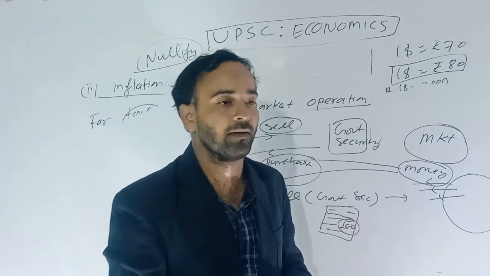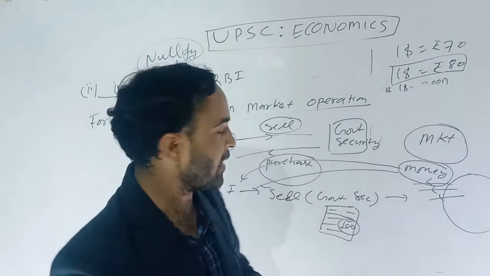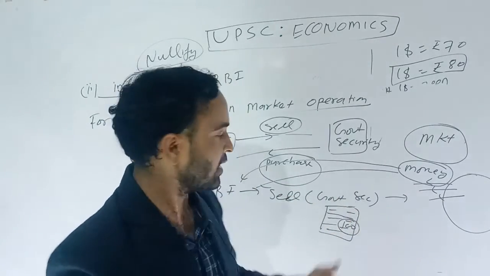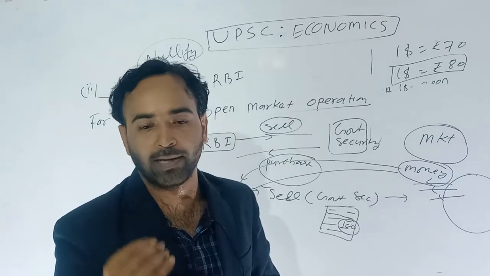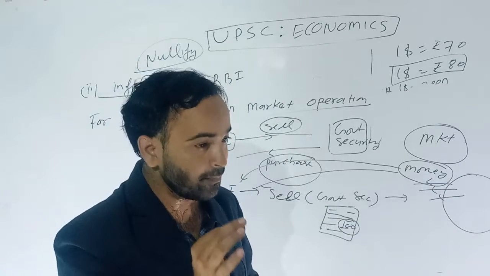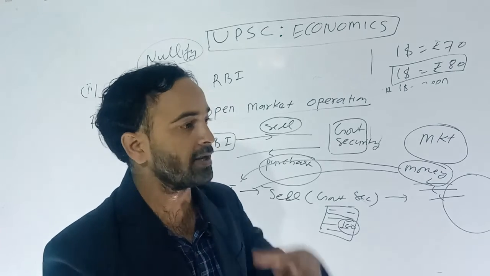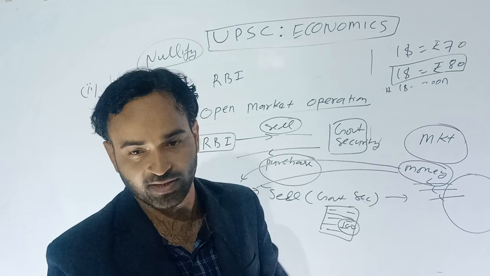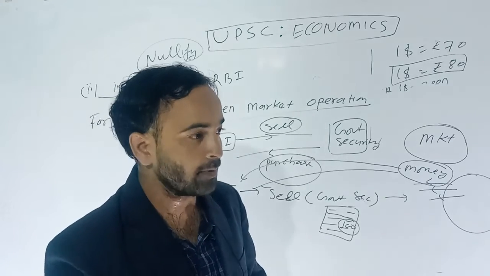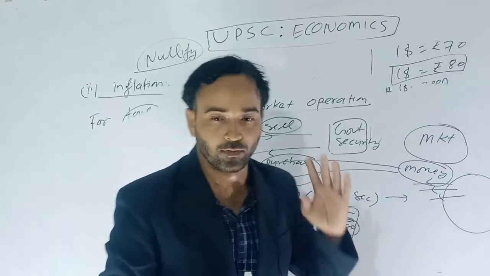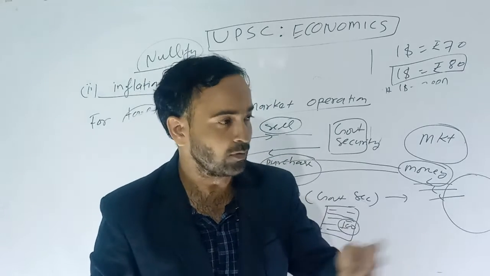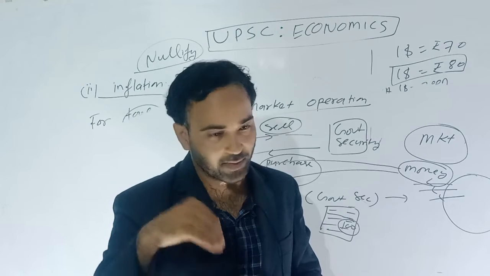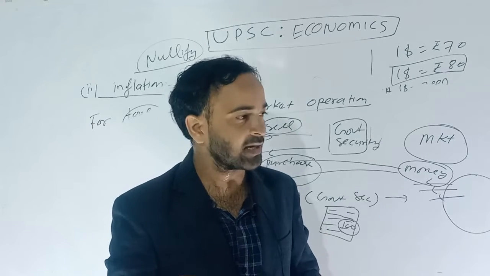Let us suppose I have 500 rupees in my pocket. If I purchase a 100 rupee government security paper, only 400 is left in my pocket. So I will be frugal. I will not buy unnecessary things, because I know I have only 400 rupees to use for 15 or 20 days or the whole month. It is my pocket money my father gave me. I will think such things.